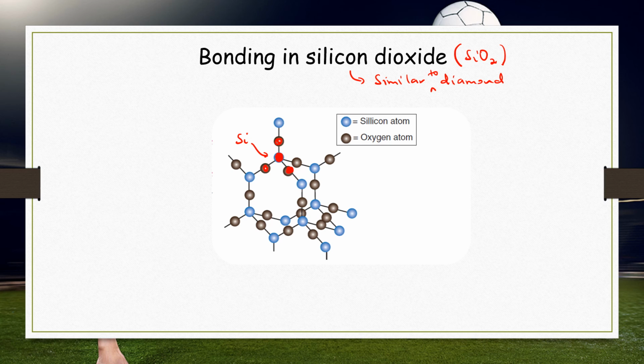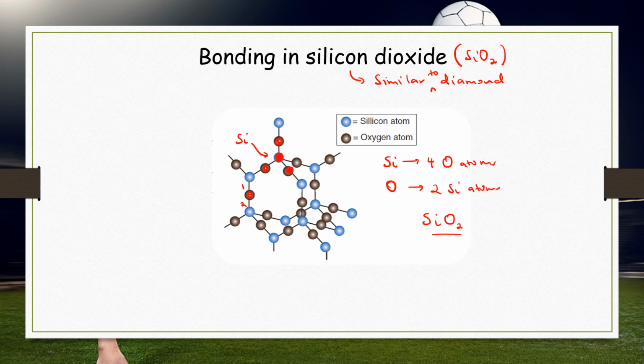We shall see that each silicon atom is bonded to 4 oxygen atoms. However, each oxygen atom, which is in black, is bonded to 2 silicon atoms. So if you do the math, you realize that we come up with a ratio of 1 silicon atom being bonded to 2 oxygen atoms.